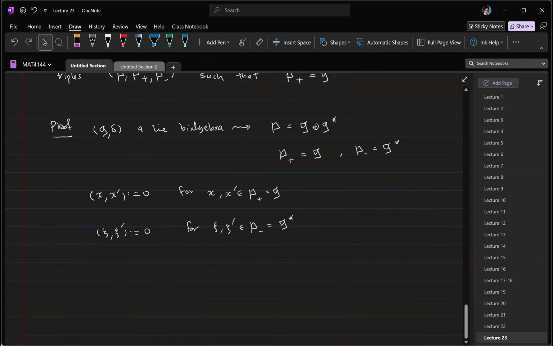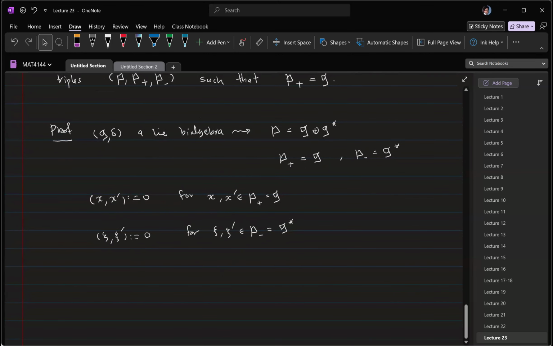And what about the pairing between X's and x's? So I define xc or cx to be the only thing I can do when I have an element of G star and an element of G: I can just apply one on the other. Okay.